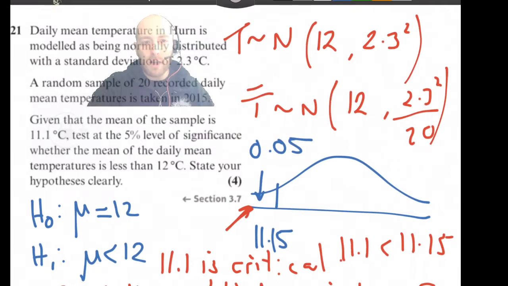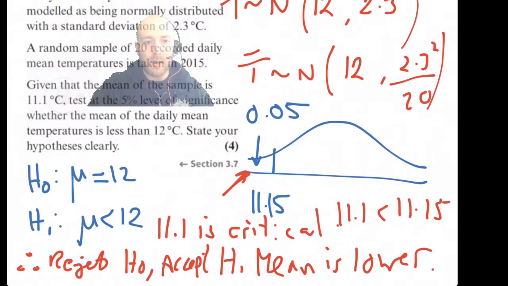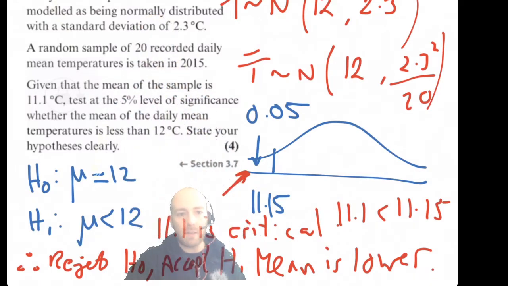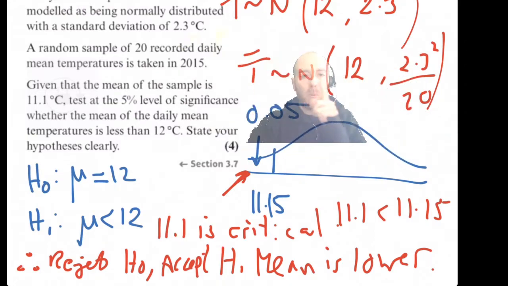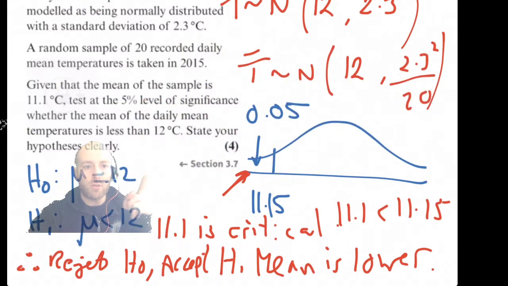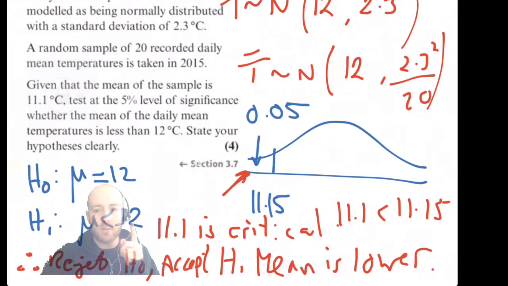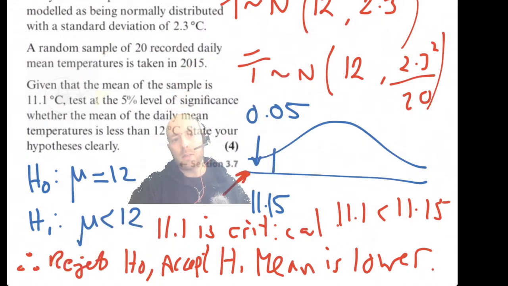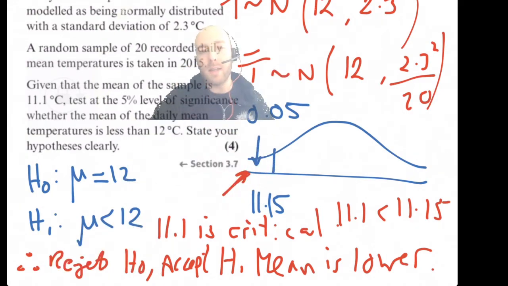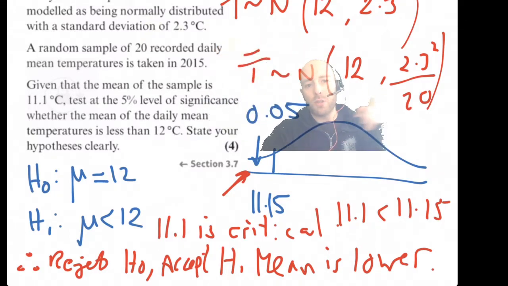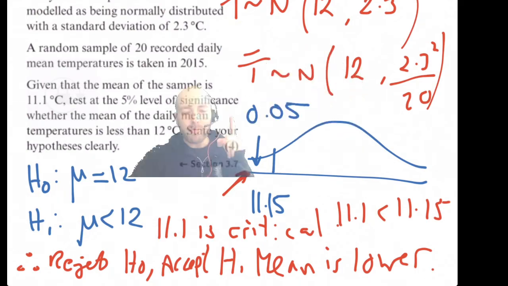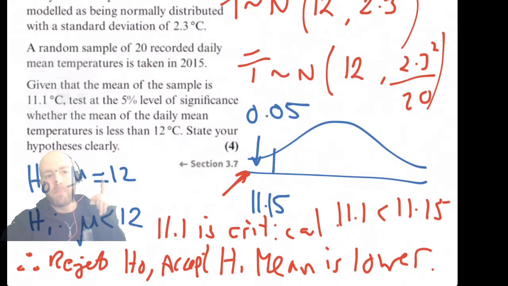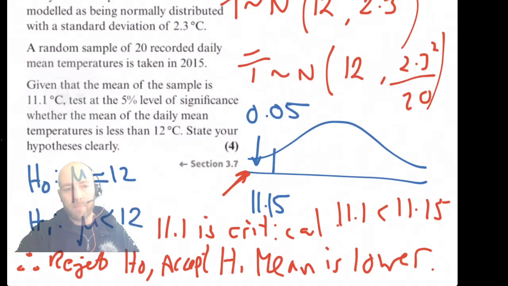If it's unlikely, which is what we found, that there's a less than 5% chance that the mean of 11.1 comes from this sample mean distribution, what that tells me is that this can't be true. The mean has to be less than 12. So that's how the whole thing works. You're testing whether a sample mean is likely to come from a sample mean distribution, which is based on the mean that they stated.